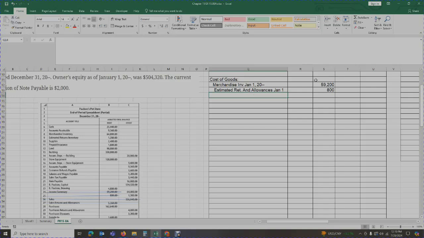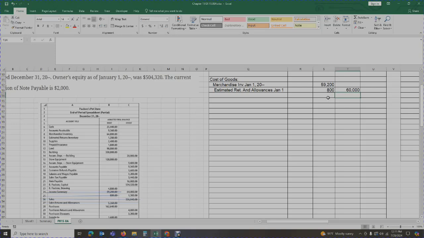Then we do the math here. If we add the $59,200 and the $800, that gives me $60,000. We take the beginning merchandise inventory plus the estimated returns and allowances that we are anticipating of $800, so we're going to have $60,000.